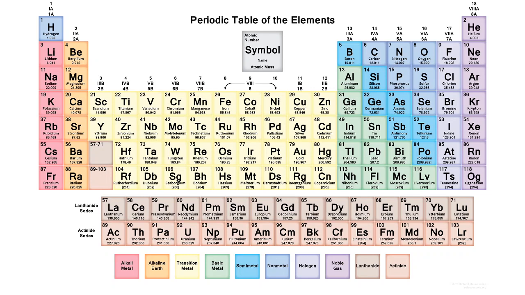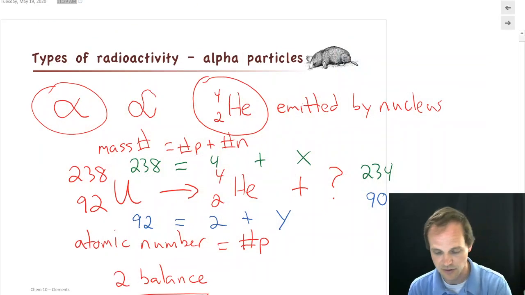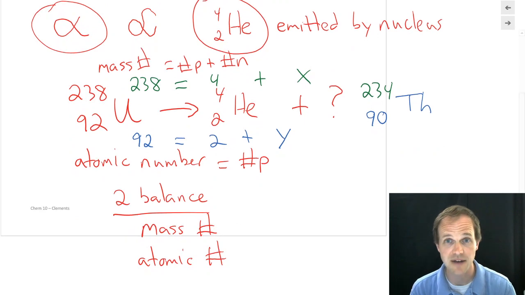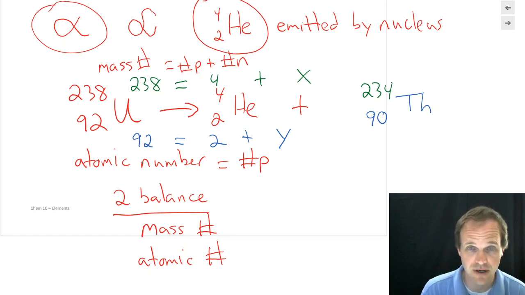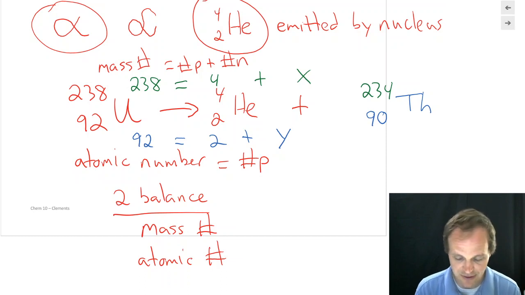And what you would find is that it is good old thorium, named after the god of thunder. So we don't have a question mark there anymore. We just figured out that uranium-238 undergoes decay by alpha particle, which is a helium, forming thorium-234. And that's how we could say that out loud.